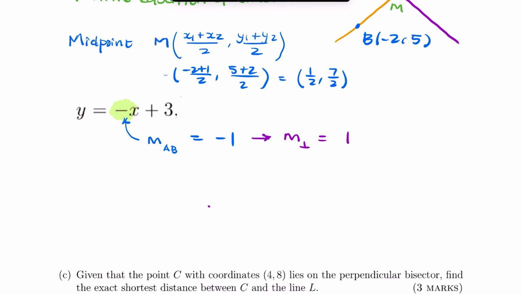So because it's negative, you want it to be positive, and 1 over minus 1, minus 1 over minus 1 is equal to 1. So this is our new gradient, the gradient of the perpendicular.